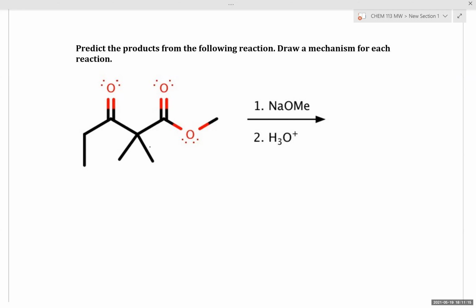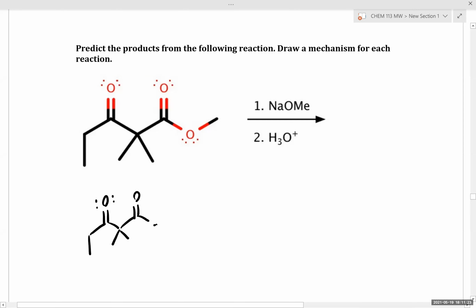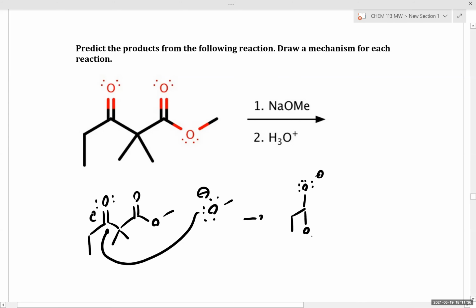So we have one student commenting that methoxide will attack our electrophilic ketone carbonyl. Yep, that's exactly right. From here, what will happen next?